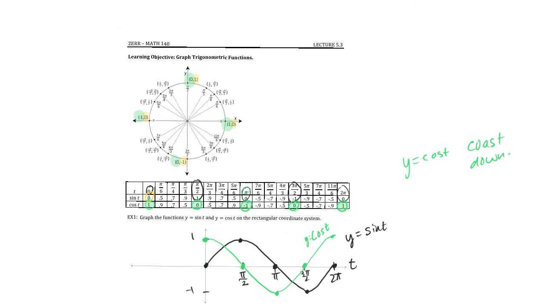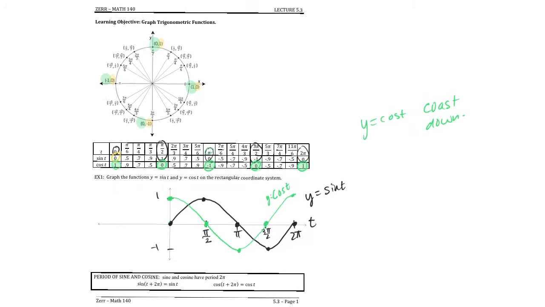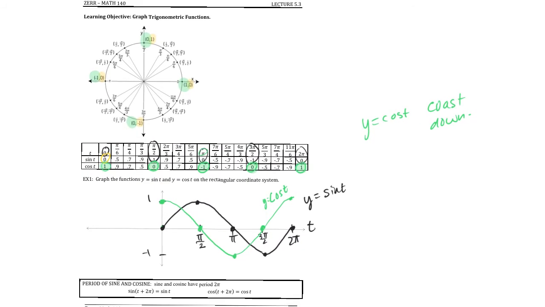Now these are called periodic. They repeat themselves over and over. The amount of time it takes to make its complete trip around the unit circle is called the period or the cycle.